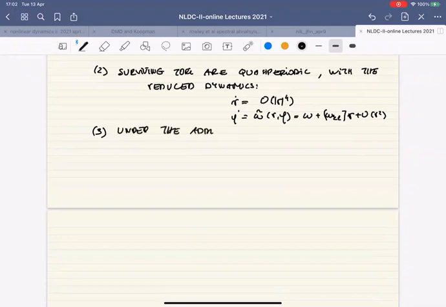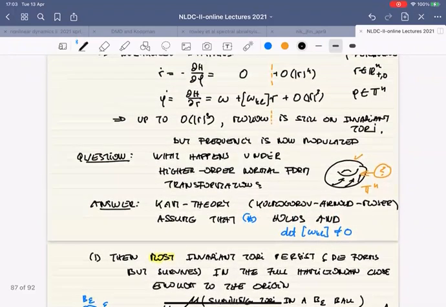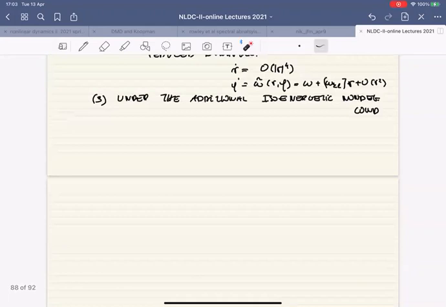Under the additional, what's called isoenergetic non-degeneracy. So this is yet another, we already had a non-degeneracy condition. Remember that the frequency modulation, the frequency distribution, had to be rich enough. So this matrix had to be non-singular. Now this one is not so easy to explain, but its implication will be easy to explain.